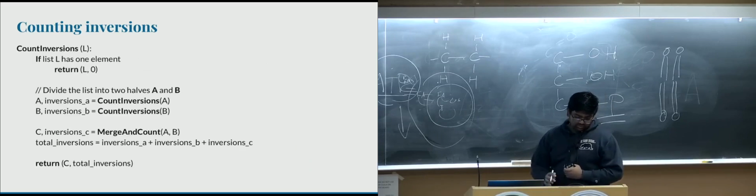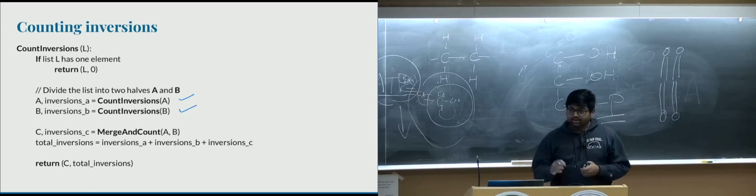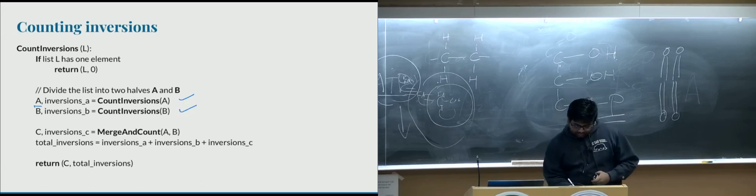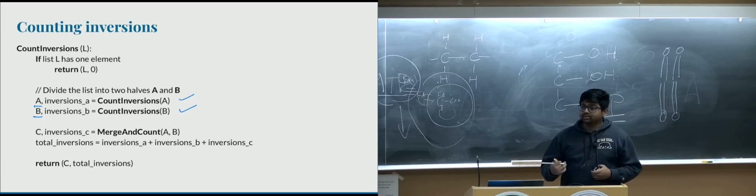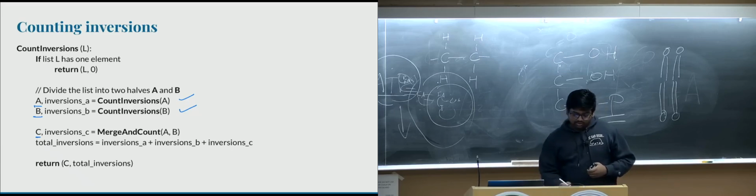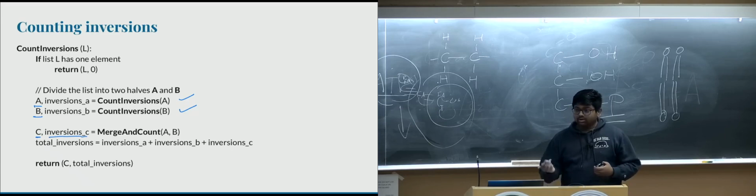So this is how the algorithm goes. First we will get the inversions from A, the left half. Then we'll get the inversions from B, the right half. And this A and B will be the sorted arrays. Then we'll combine this into a bigger array C, and the inversions of that bigger array are stored in inversion_C.